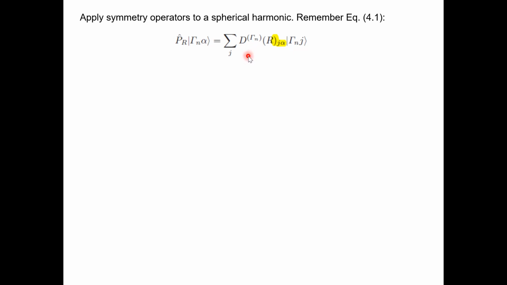Okay? So if you translate equation 4.1 to our specific case now, we know that the basis functions are the spherical harmonics, and basically what this is saying is that when I apply a certain symmetry operation P R of the group, oh sorry, this is not correct in the book.